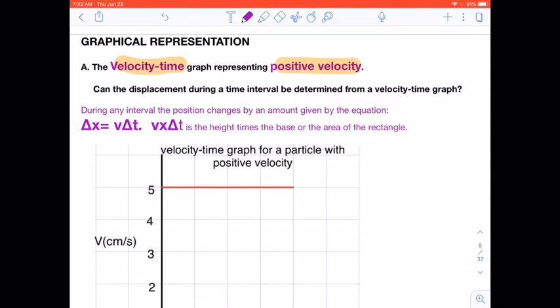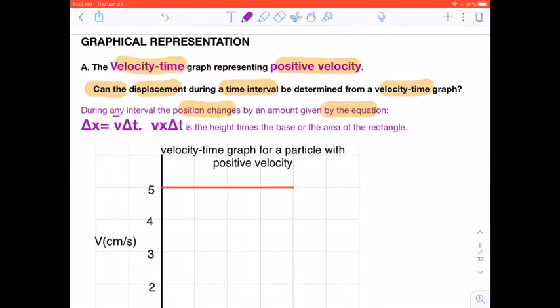If we look at that, can the displacement during a time interval be determined from a velocity time graph? Well, during any interval, the position changes by an amount given by that equation. So we know what average velocity is.